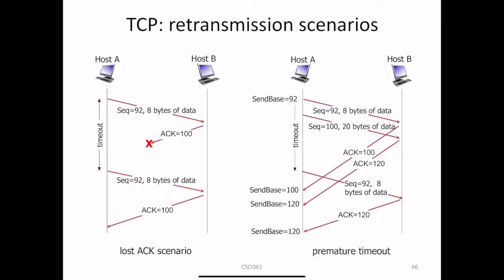Then let's see the TCP retransmission scenarios. Here we have multiple retransmission scenarios. The first one is the lost ACK scenario.